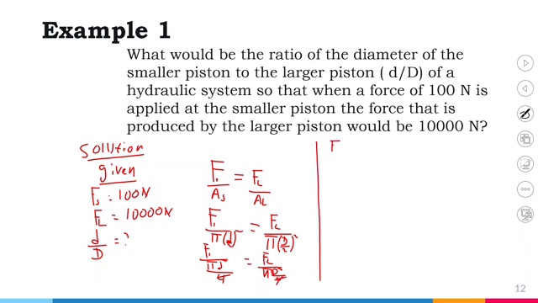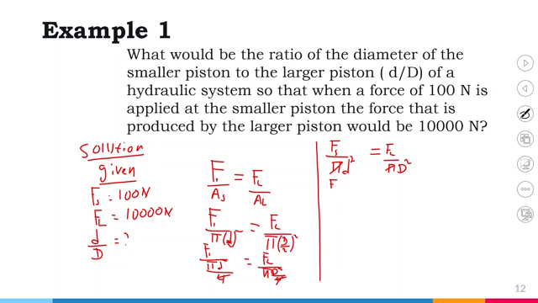Then we get F small over pi small d square is equal to F large over pi capital D square. Again, we can simplify this pi.